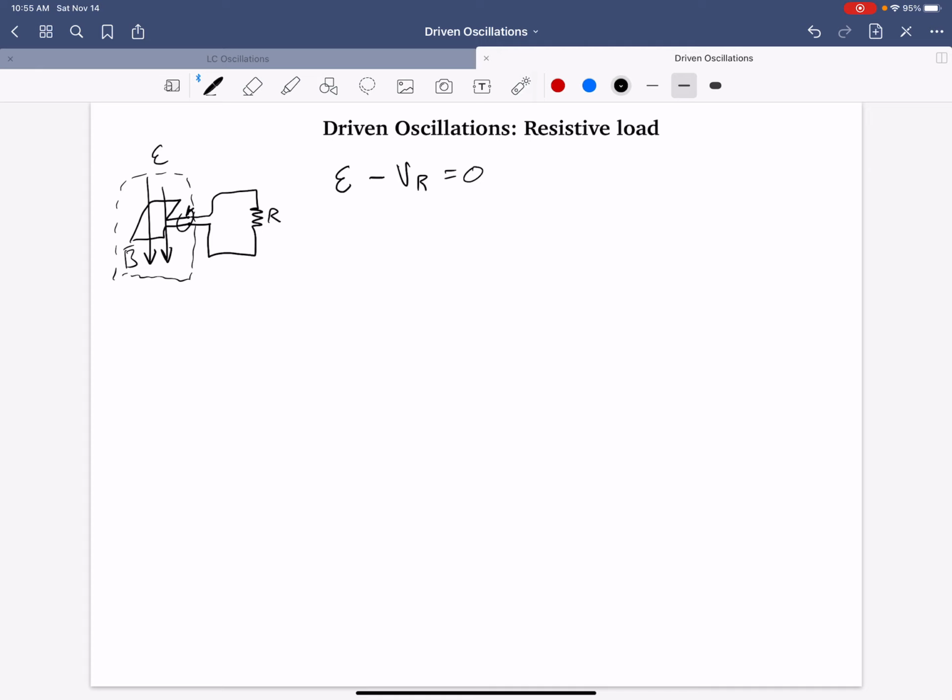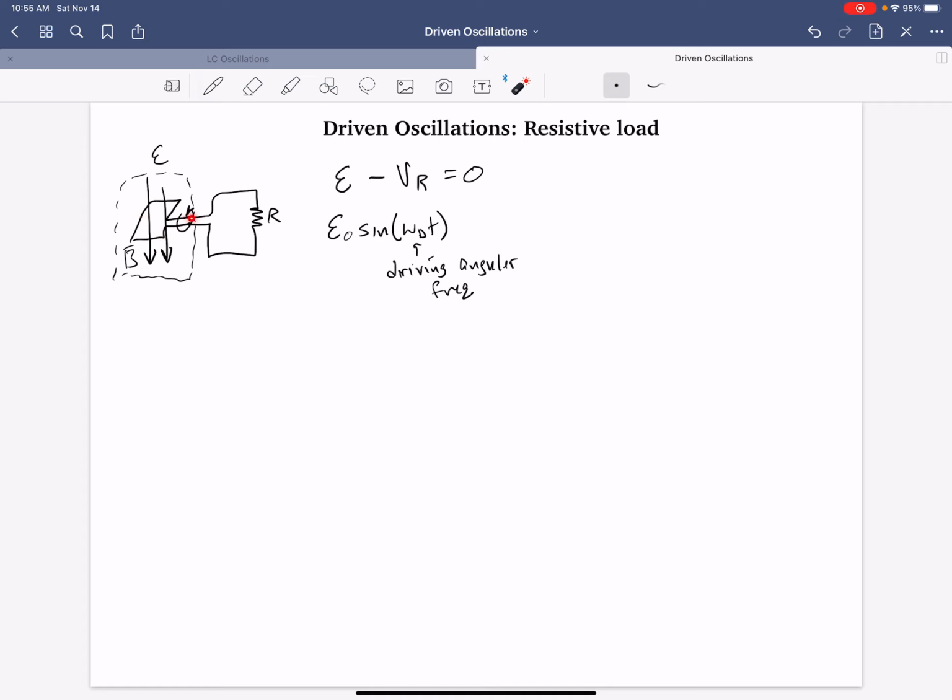So that's pretty straightforward. The sinusoidal EMF produces a sinusoidal voltage that can be written like that, right? It has some initial EMF times some sine of omega t. And this, by the way, is the driving frequency, the driving angular frequency. Right? Omega sub d. That's the frequency with which this current loop is being rotated, right?